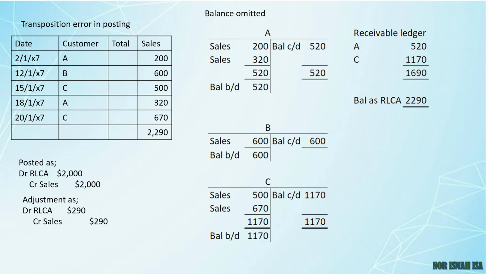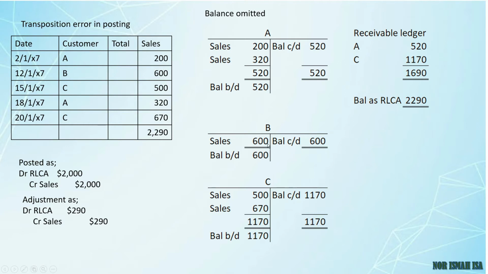The balance for the receivable ledger control account is 2290, whereas for the receivable ledger list of balances, the total amount is 1690, because customer B has been omitted when extracting the balances for the customer account list. So the difference is 600.